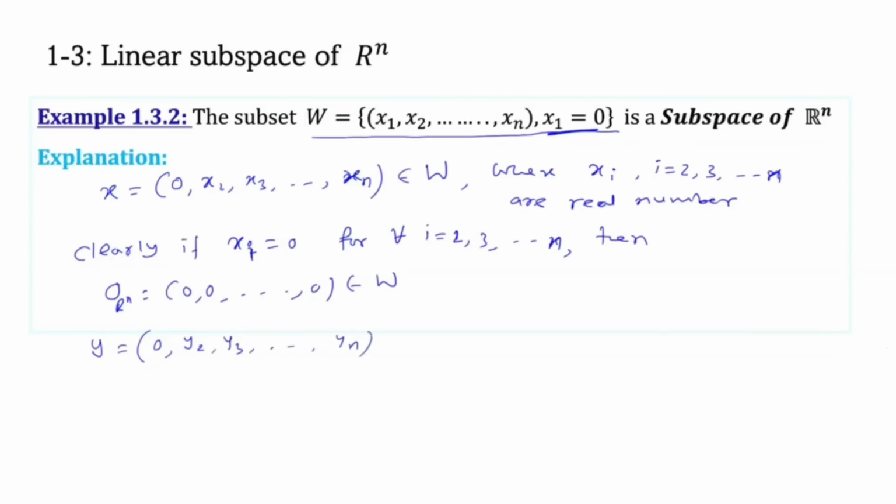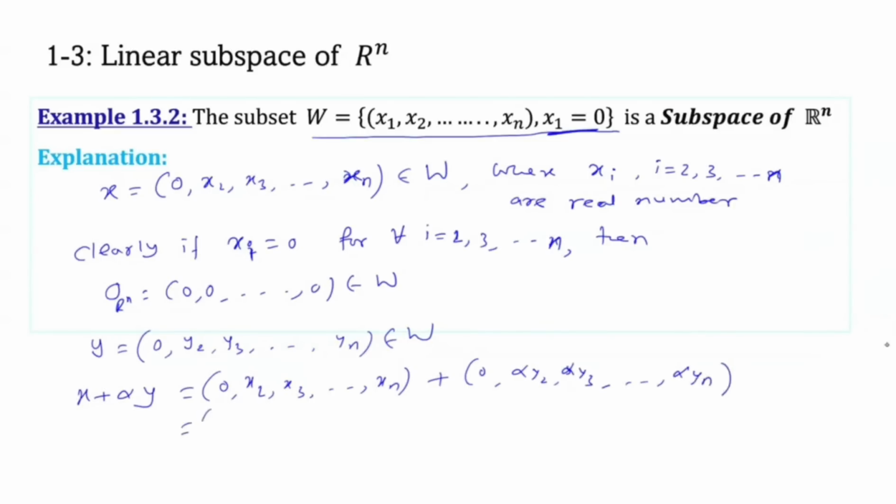Now if you take y = (0, y2, y3, ..., yn), where y1 is 0, which belongs to W, then x plus alpha y for any scalar alpha: you will get the addition as 0, because 0 plus alpha times 0 is 0, and then you will have x2, x3, ..., xn and alpha y2, alpha y3, ..., alpha yn.